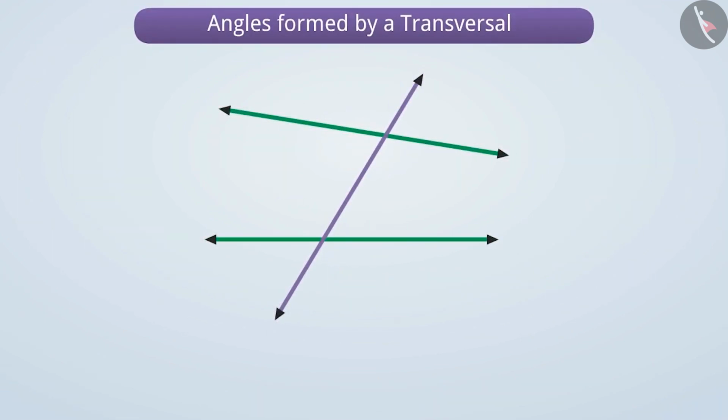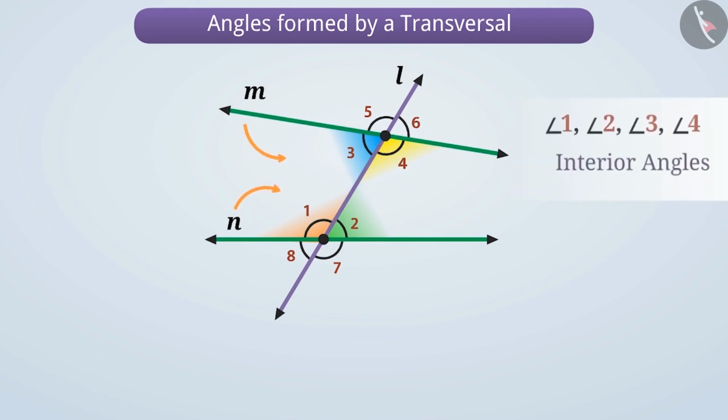Look here. Line L is intersecting the lines M and N at different points. That is why we can call it a transversal. Here we can see that angle 1, angle 2, angle 3 and angle 4 are in between the lines M and N. All the angles formed in between two lines, formed by a transversal of the two lines, are called interior angles.